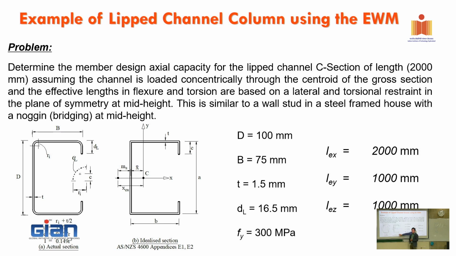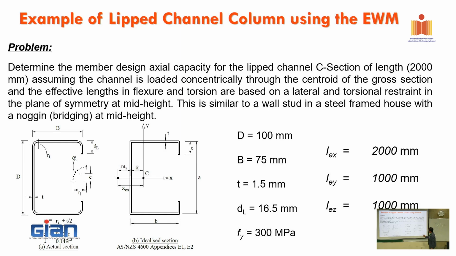So in standard AS4600, you actually can calculate the position of the shear center or centroid, but you have to assume that it is the idealized section with the square corner. All right, so this is a square corner. Then we can calculate that one.